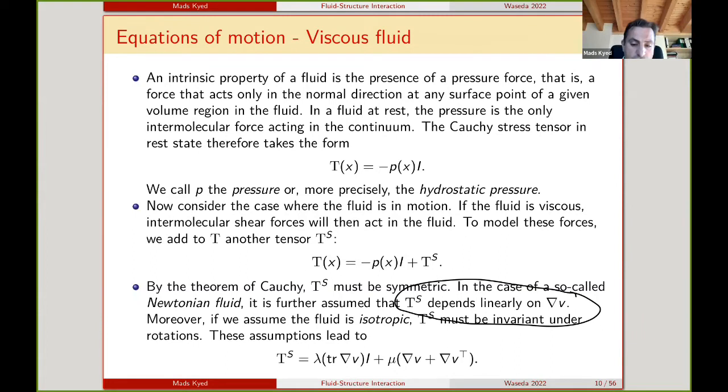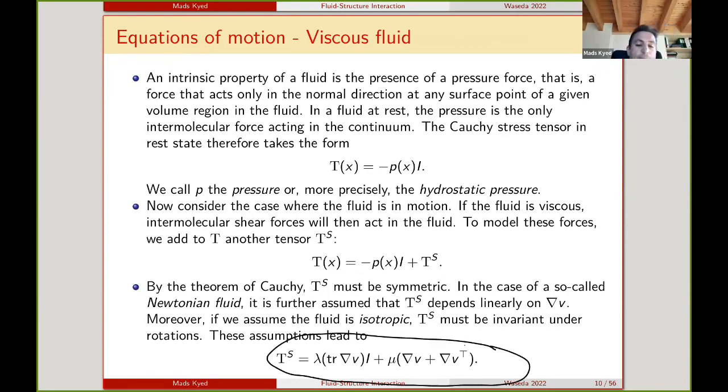Another assumption that we use is that the fluid is isotropic. So the stress tensor, the shear stress in particular, must be invariant under rotation. These two assumptions lead to this expression here for the shear stress.